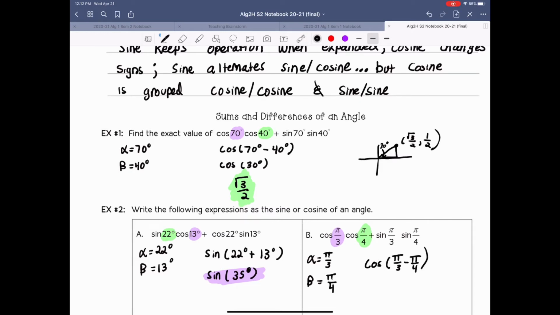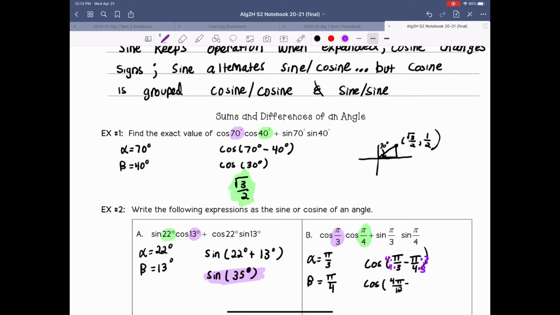All right. And if we were to simplify this, obviously we need like denominators. So we have a 3 and a 4. The common denominator here that I want to use is probably 12, since 3 and 4 both go into 12. So we're going to multiply the top and the bottom of this first fraction by 4. Therefore, we have the cosine of 4 pi over 12. And then for my second fraction, I want to turn this denominator into 12.